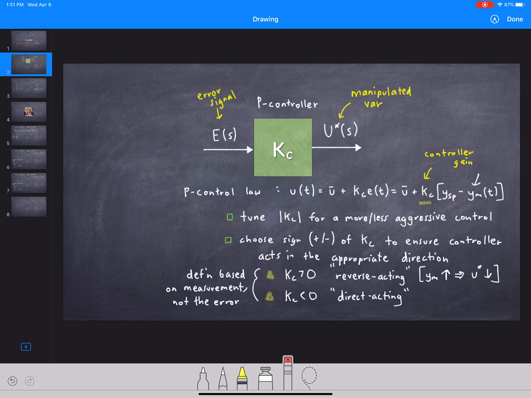And so that's why it's called reverse acting, because if the measurement goes up, then the controller output goes down. Direct acting controller, on the other hand, if the measurement goes up, and if Kc is less than 0, what happens is the controller output actually increases. And so that's why it's called direct acting. So that explains this terminology.